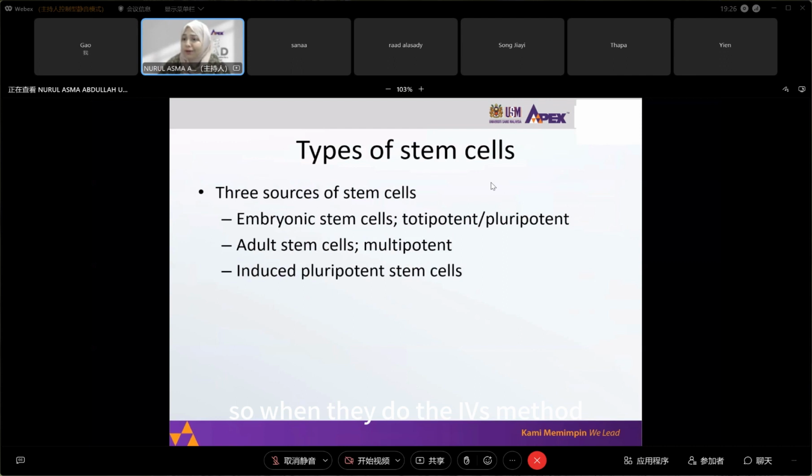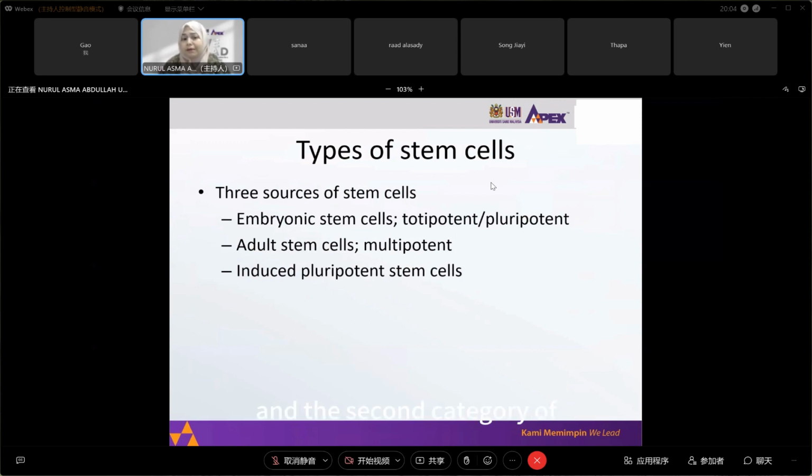When they do the IVF method, sometimes there are blastocysts that are not well graded to be continued for the pregnancy, for implantation. So there are donor programs whereby the blastocysts that are graded low will be used for the isolation of pluripotent stem cells. They will donate the blastocysts for the stem cell program.